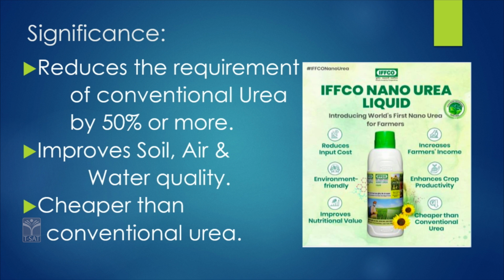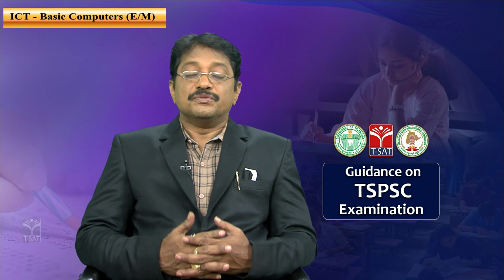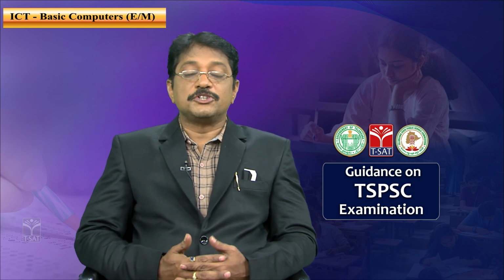These are the three significances of nano urea liquid which was developed and is produced by IFFCO. Okay. Now, we will see a second question. The first question is, which state has the nano urea liquid plant, that you already know, Gujarat.